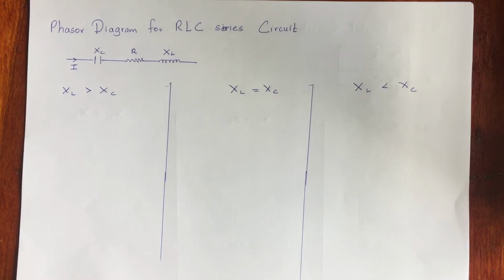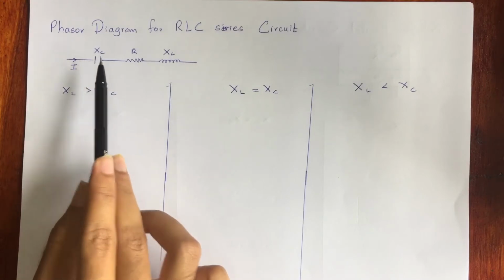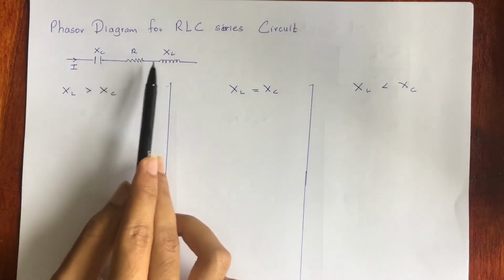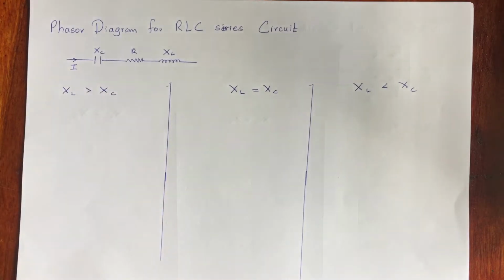Okay, without wasting our time, let's move to the main part. Over here I have already drawn a simple diagram. The capacitor, the resistor, as well as the inductor are connected in series to an alternating current source.